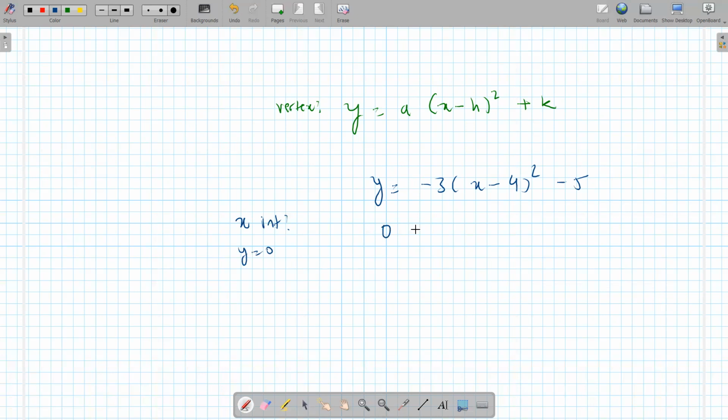So look at this. This becomes 0 equals -3(x minus 4) squared minus 5. How do you solve this equation for x?